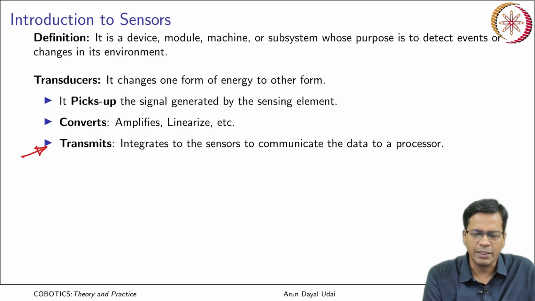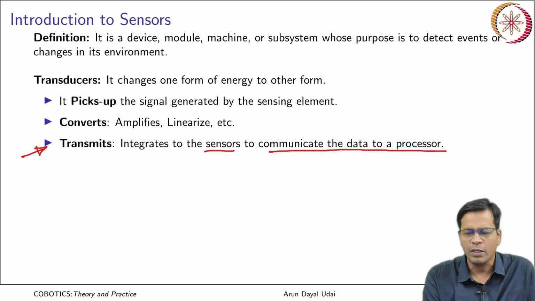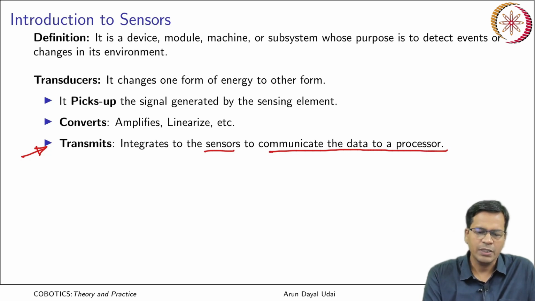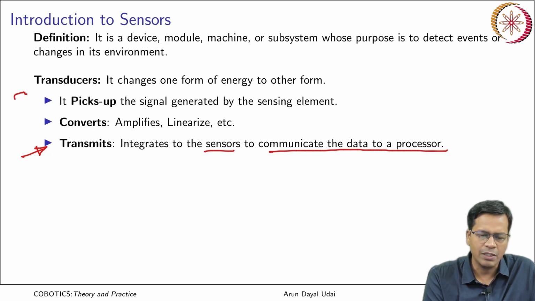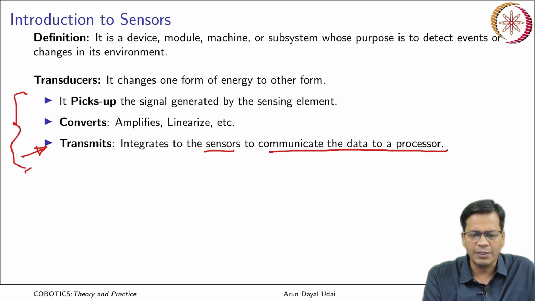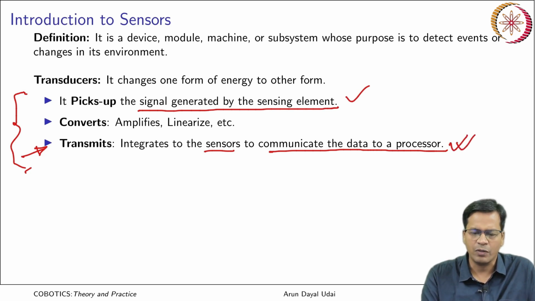So, basically it integrates with the sensor to communicate the data to a processor. Okay. So, the transducer basically covers the whole conversion from picking up the signal generated by the sensing element to communicating it to the processor in digital form nowadays. So, it includes all of these.